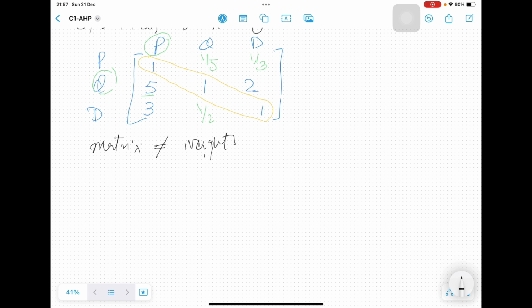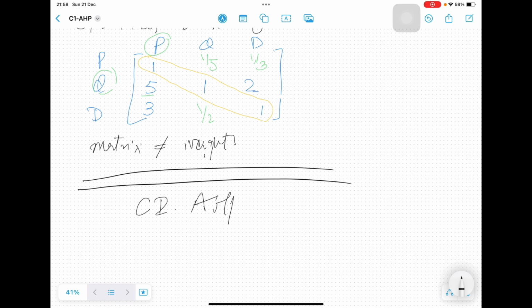To get weights, we need a calculation method. This is where the eigenvector and geometric mean come in, but that's for the next video. In the next video, I will explain how we extract weights from this matrix using the eigenvector method and the geometric mean method. If you want to understand AHP properly, that video is essential.